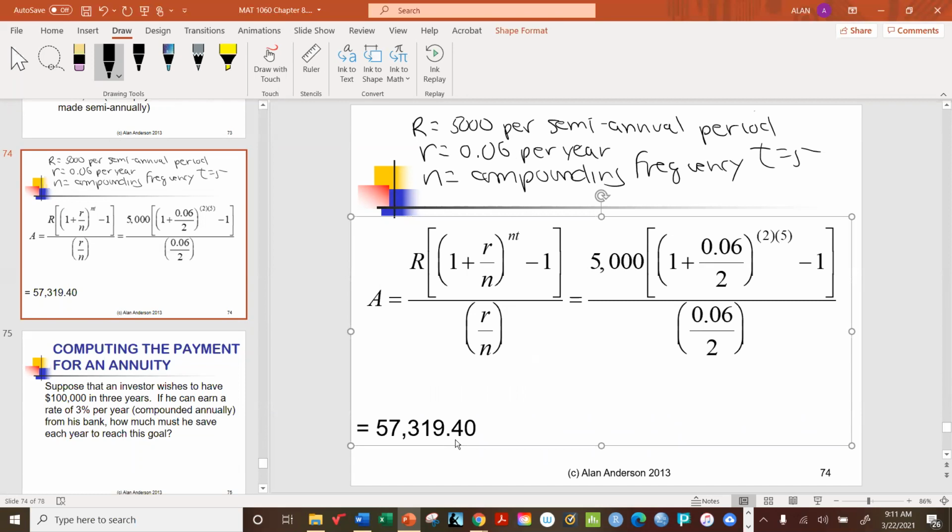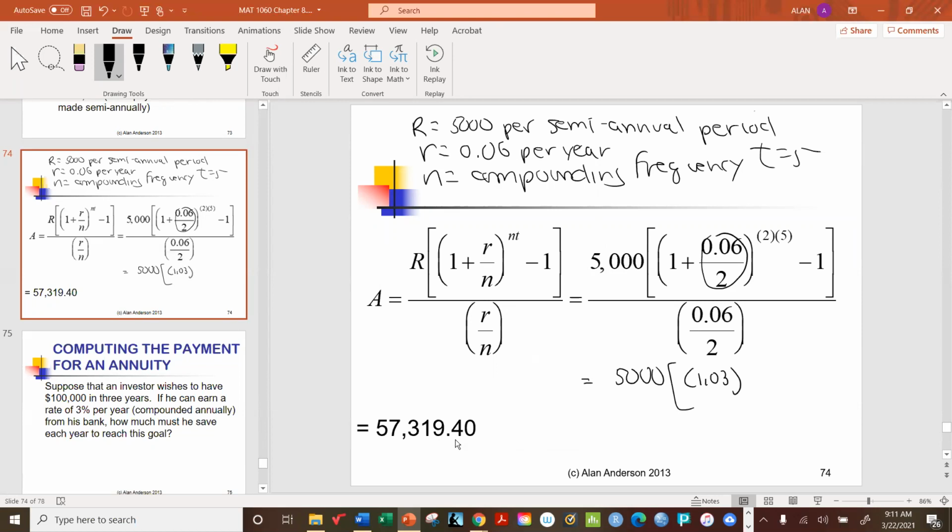Well, let's see. How about if we do this? Here we have 1 plus, this is 3%. So what we actually have here is 1.03 raised to the 10th power minus 1, all divided by 0.03.